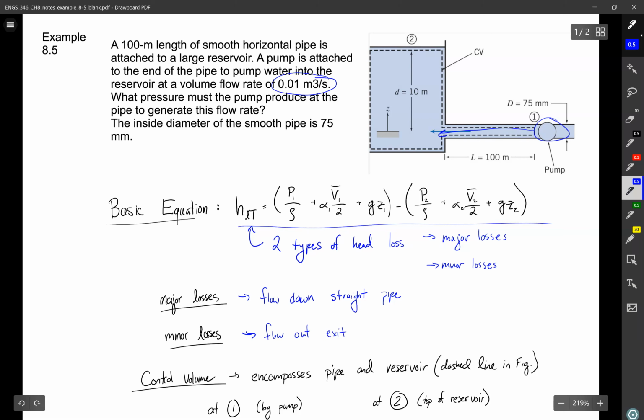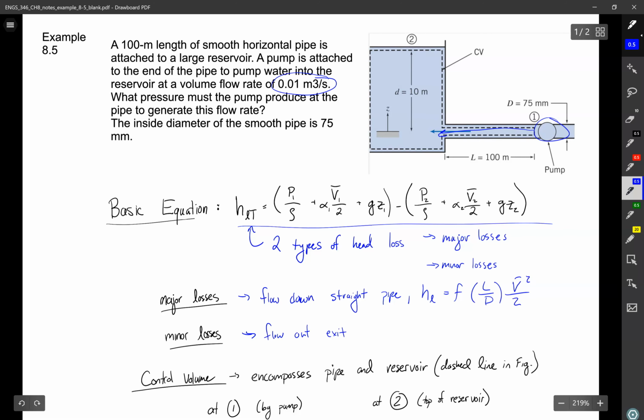The models that we can have for these two types of losses, for major losses, this is going to be the friction coefficient. We're not sure yet if this is laminar or turbulent flow, but it doesn't actually matter because this general equation is true for either.